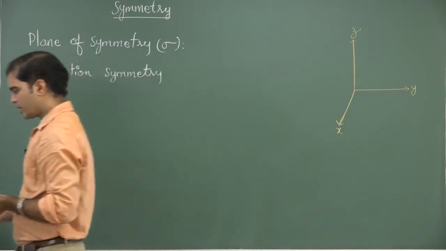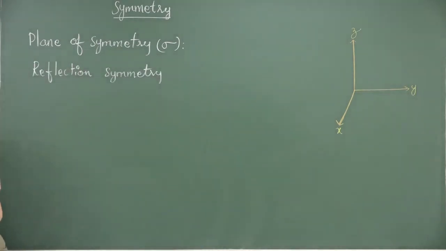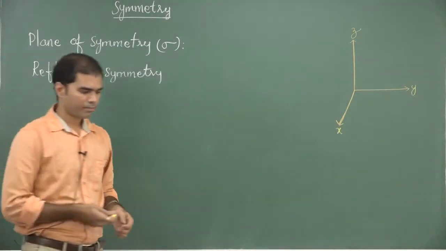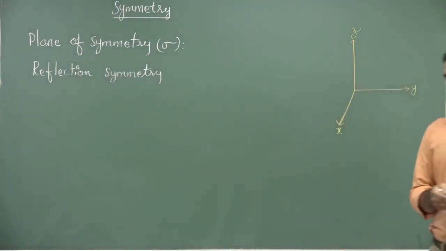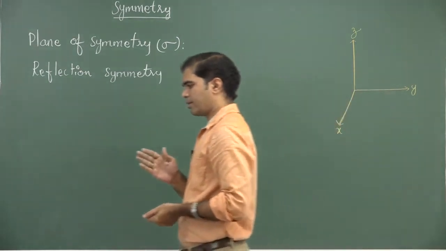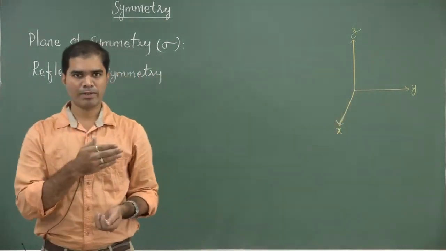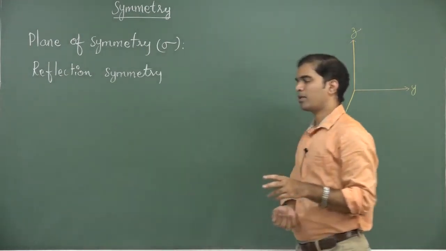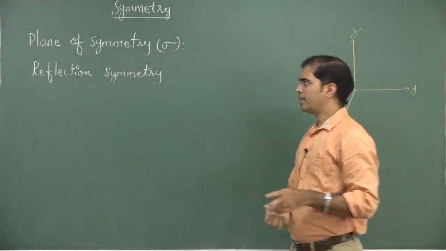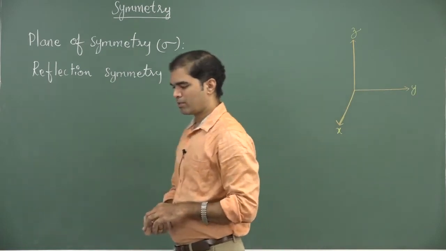Well, there a question arises. Can I simply say that I am putting a mirror and there is a mirror image of the molecule? Can I say that this is a mirror symmetry, or instead of calling it a plane of symmetry or reflection symmetry, can I call it a mirror of symmetry or mirror symmetry?